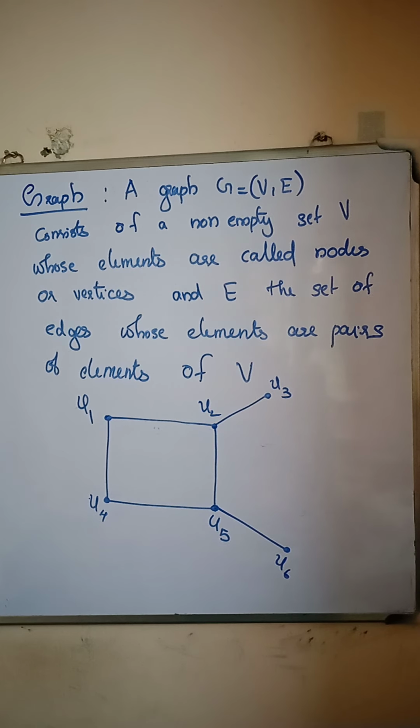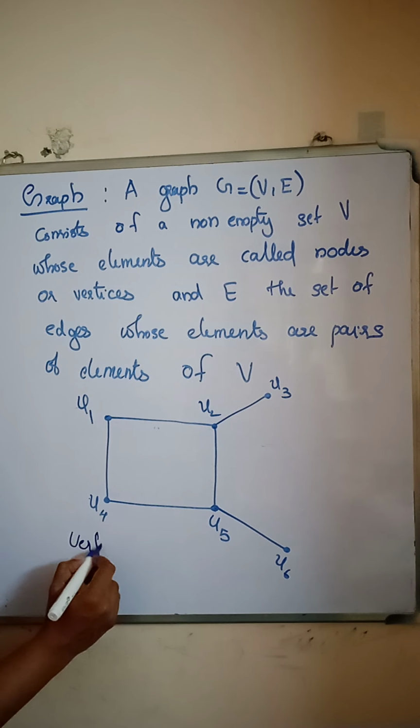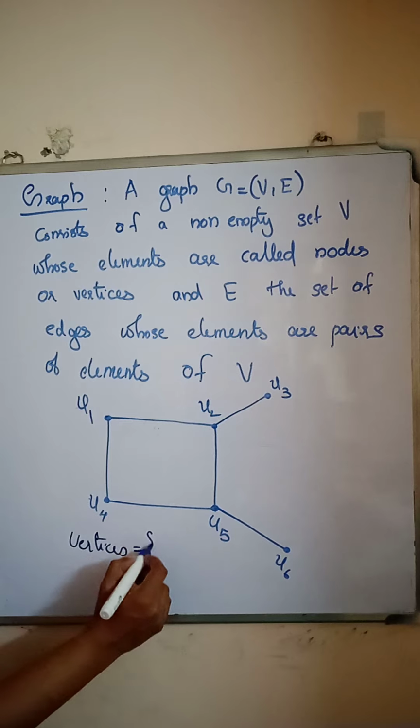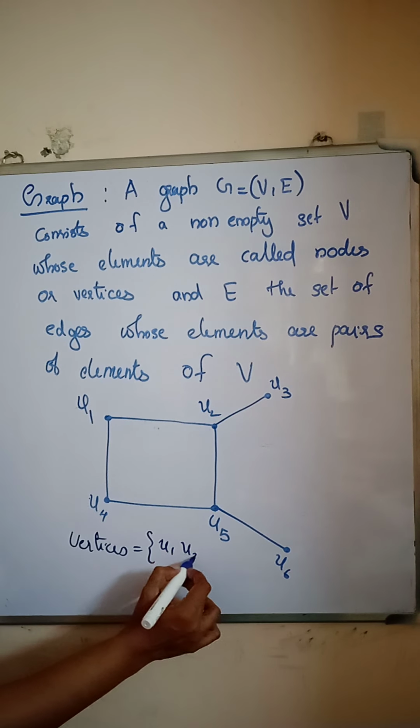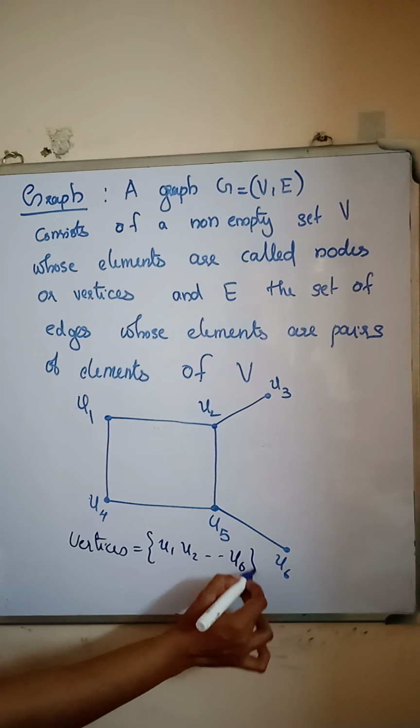Here we give an example of a graph with vertices U1, U2, U3, U4, U5 and U6. So here the set of vertices is U1, U2, U3, up to U6.